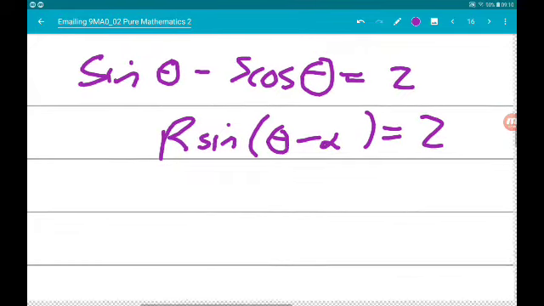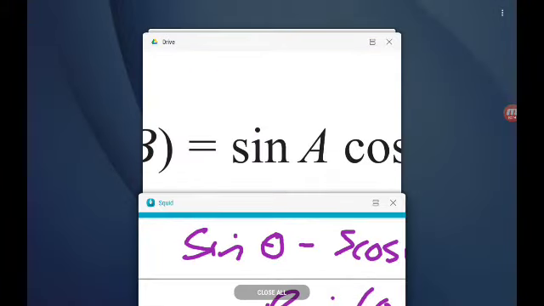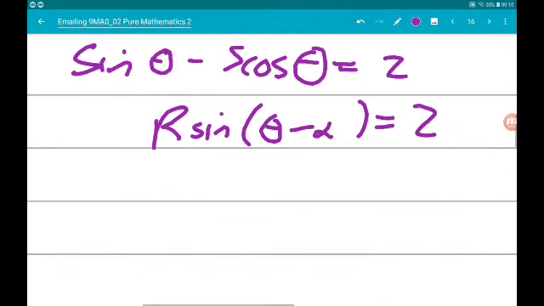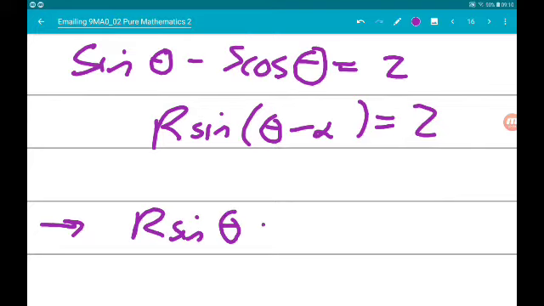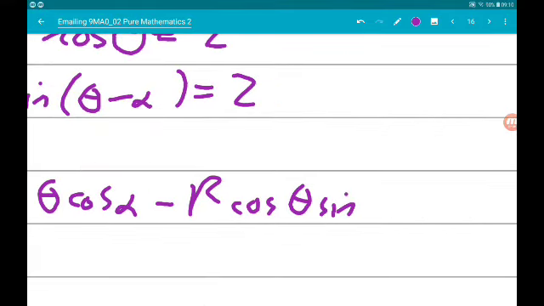Now using the compound angle formula, then we would get r sine theta cos alpha minus r cos theta sine of alpha is equal to 2.